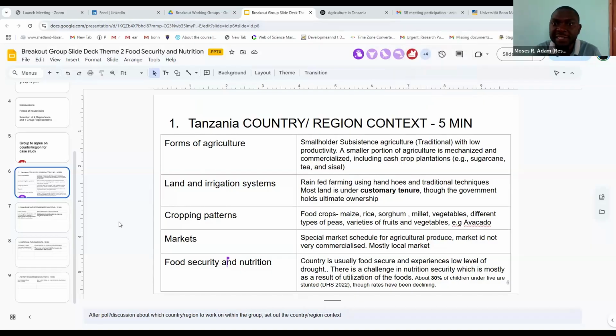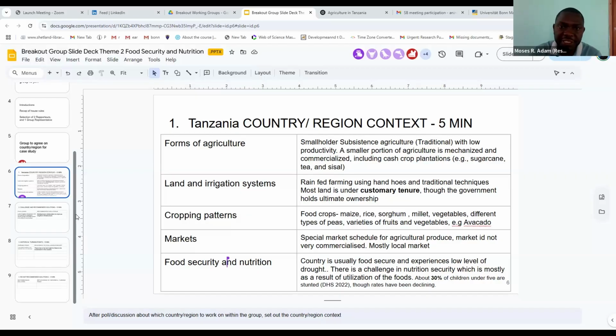But also we have the cooperative system, whereby some cash crops are sold in a specialized cooperative system. Most of the crops in the cooperative system are cash crops, including tobacco, cotton, and sisal.